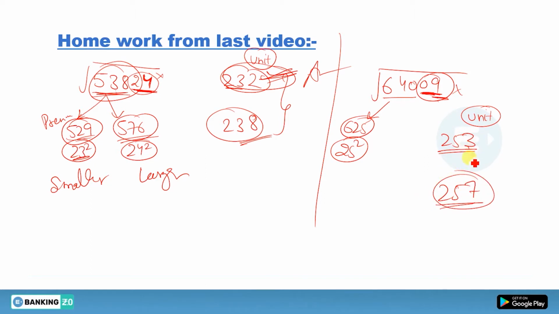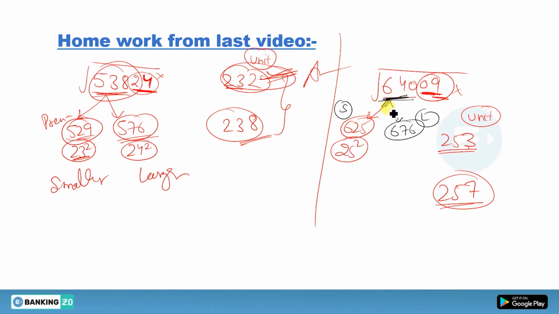Now you have to choose between 253 and 257, which one is the answer, and how will you choose? For that you need the next perfect square also. And what is the next perfect square? That is 676. Now this one is the smaller number, this one is the larger number. Tell me, is 640 closer to the smaller or the larger?